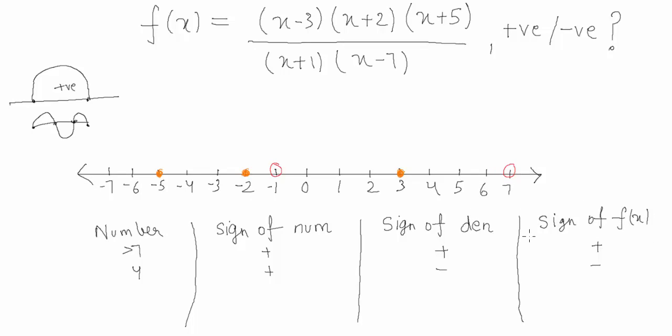Now in a similar way, if you consider the range from -1 to 3, so if you take any number from -1 to 3, the sign of the denominator is negative, the sign of the numerator is negative actually, so the sign of the function is therefore positive.